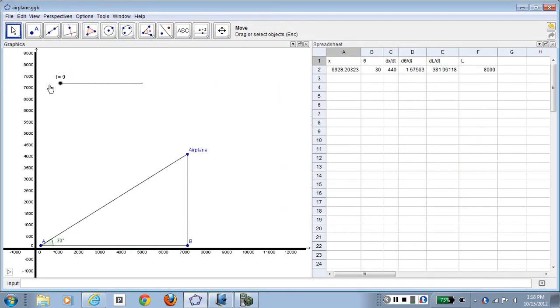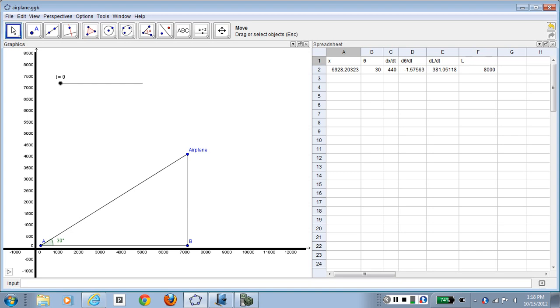Moving back to this picture maybe. So at t equals 0, there's dL/dt, 381.05. So if we let a second go by, we would expect the value of L to be approximately what? 8,381. Now, if the rate at which L is increasing is decreasing, it'll be a little less than that.